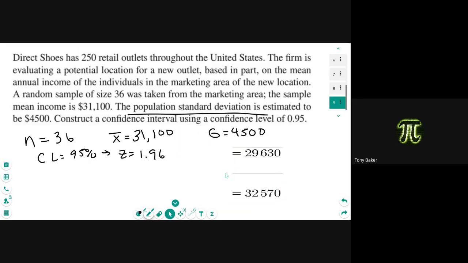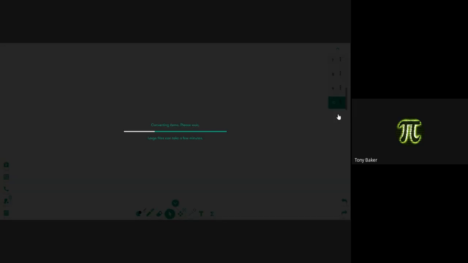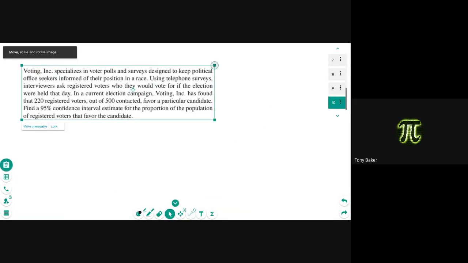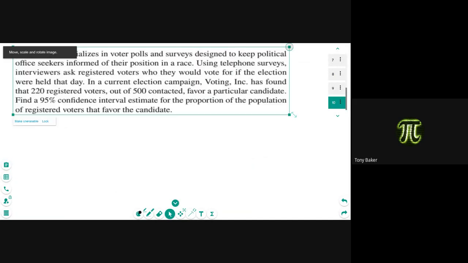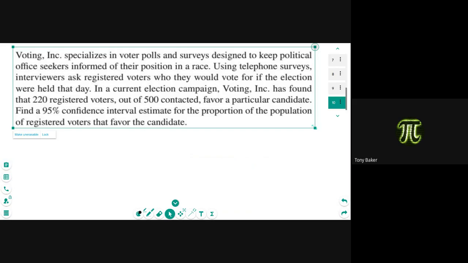So there's the two ends. All right, do this one.